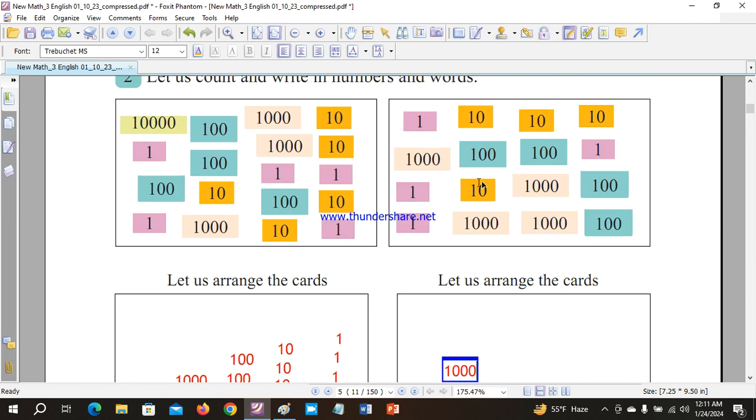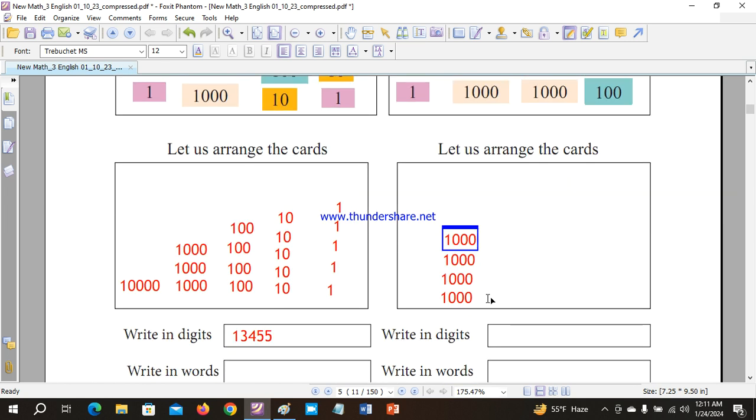And now the hundreds place, 1 2 3 4, 4 hundreds.